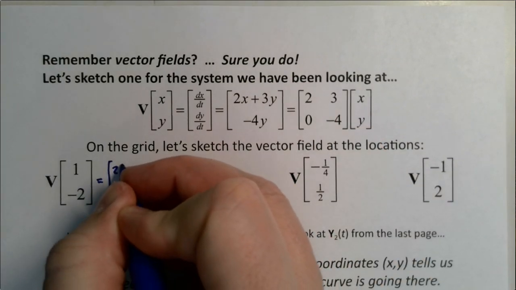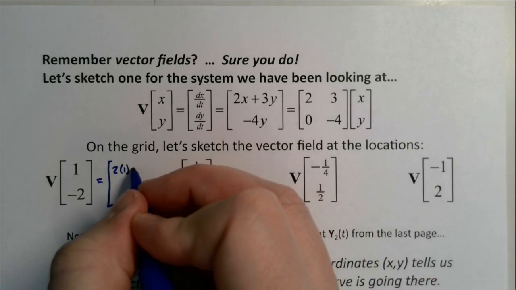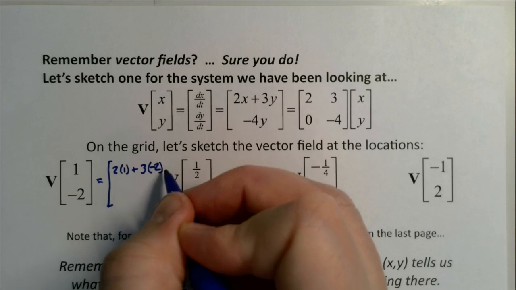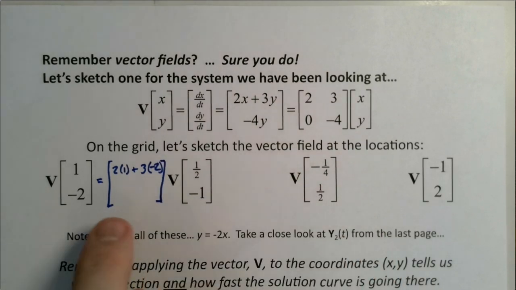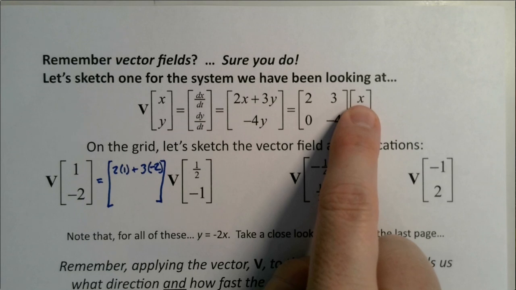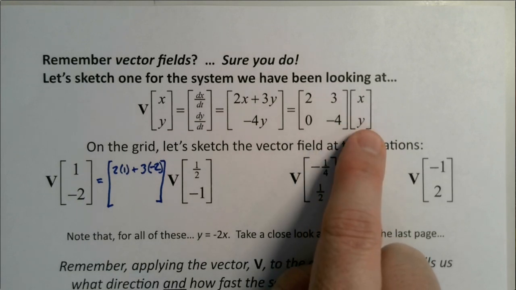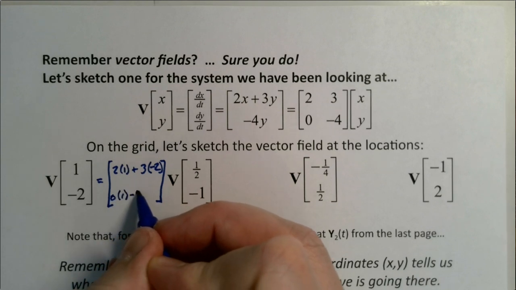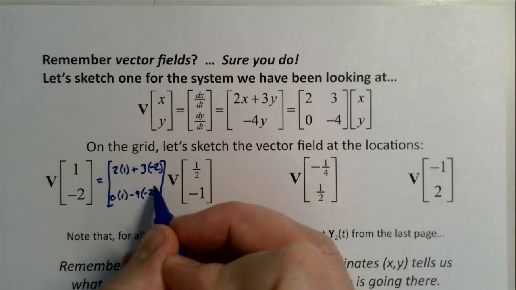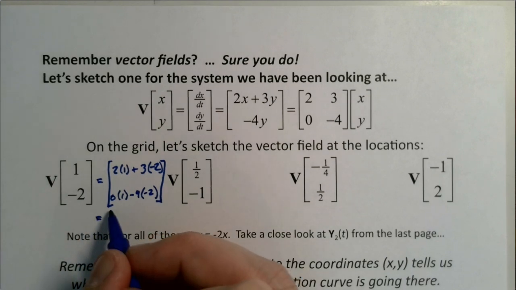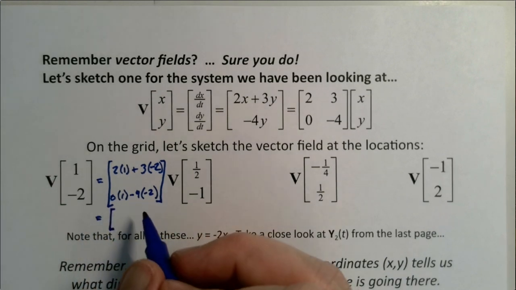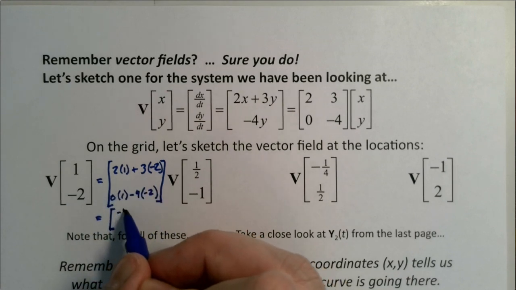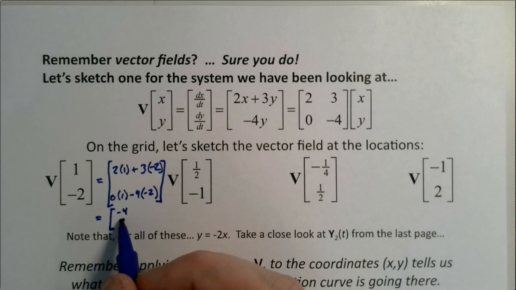So it'd be 2 times 1 plus 3 times the y coordinate, which is negative 2. And in the bottom, it's going to be 0 times the x coordinate minus 4 times the y coordinate, which is negative 2. And so all of this breaks down to the vector value of 2 minus 6, which is negative 4, and on the bottom, we have positive 8.